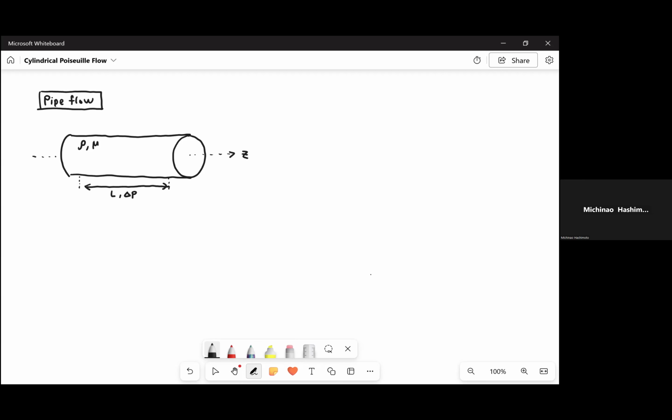In this case, pressure is applied from left to right. Let's also consider the diameter of the pipe is d, which is also 2 times the radius. So this z is along the pipe.